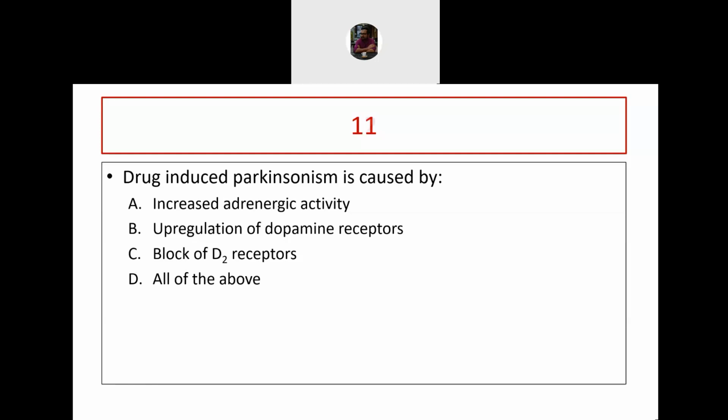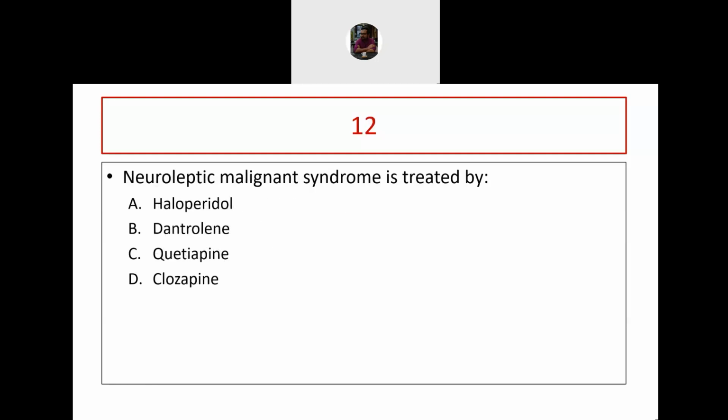Next question. Neuroleptic malignant syndrome is treated with. Next question. Neuroleptic malignant syndrome can cause.